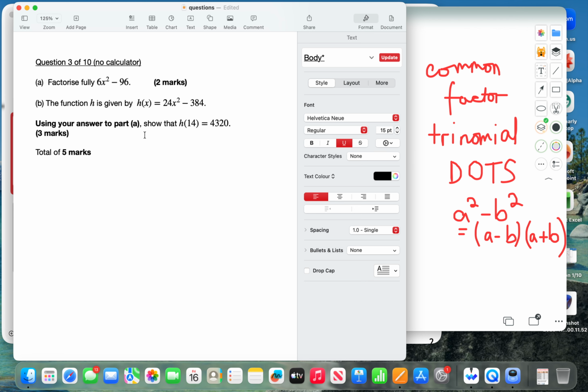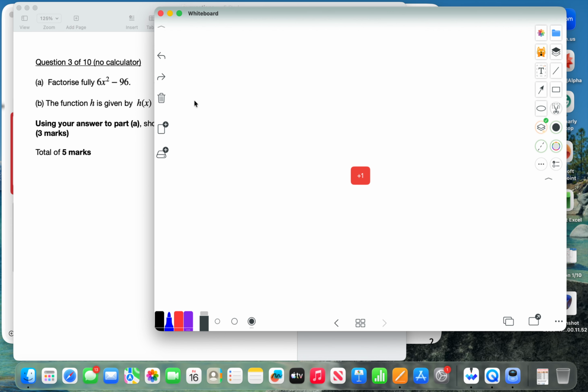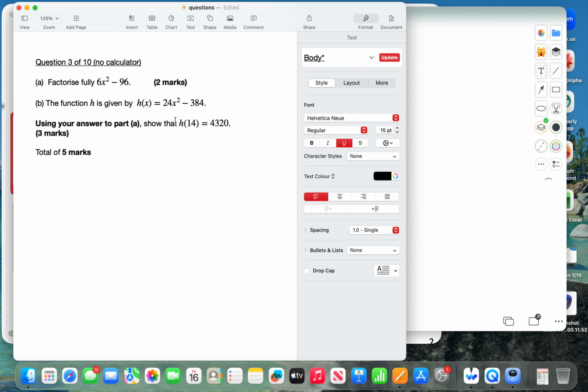Show that h of 14 equals 4,320. What you cannot do is just plug 14 in, because it does say using the answer to part A, so you have to make use of that. Now this one is difficult, but it's totally within the scope of what a question could ask.